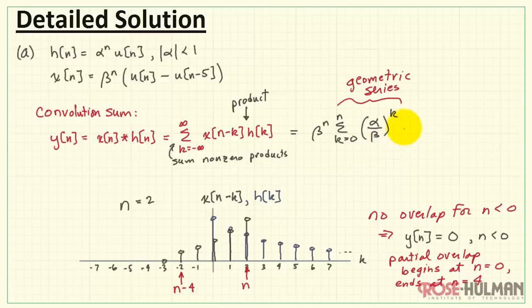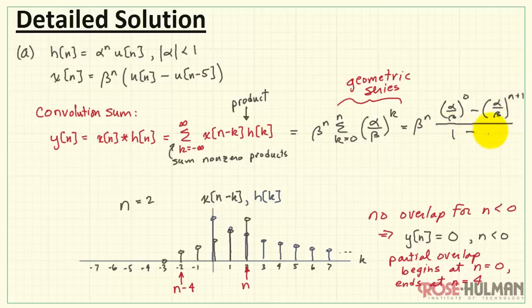And at this point, we recognize the geometric series, and we can invoke the closed form of that geometric series. We take the argument, alpha over beta, raise that to the initial index value, which in this case is 0, subtract the argument, and raise that to the upper index plus 1.